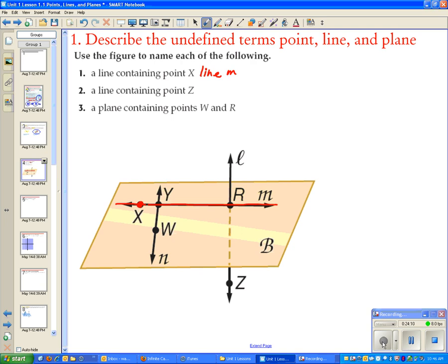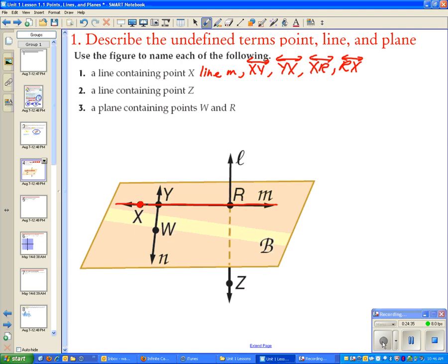But look, I want you to see the rest of these. Line XY would be a correct name, wouldn't it? Which means line YX would be a correct name. What else? Can it be all 3 of them? Don't call it line XYR. Just use 2 points. But it can be line XR or line RX.